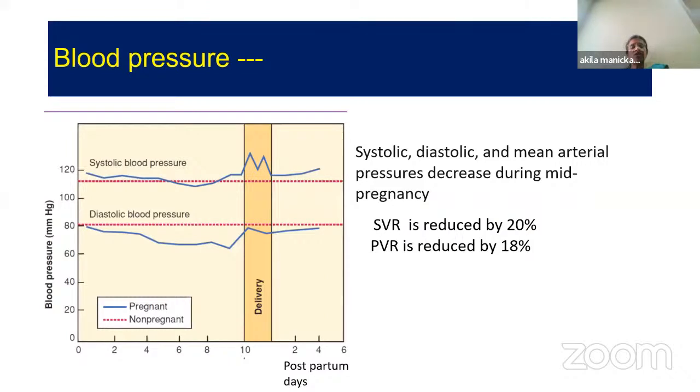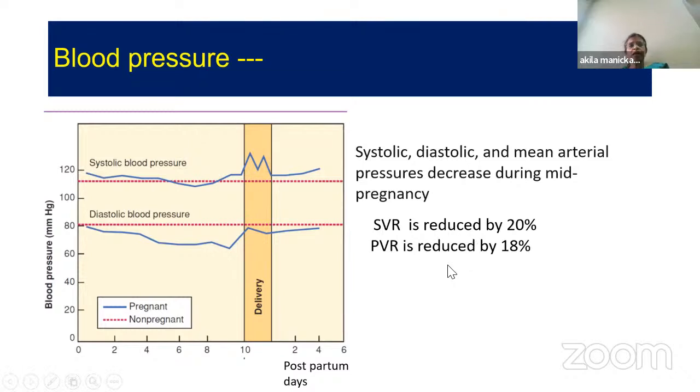So regurgitant lesions do compensate and adapt well during pregnancy because a mildly increased heart rate and a small reduction in SVR is the desirable goal. Whereas all the stenotic lesions, especially those with a fixed cardiac output, somebody like a patient with mitral stenosis or aortic stenosis, maintain their blood pressure based on the systemic vascular resistance.